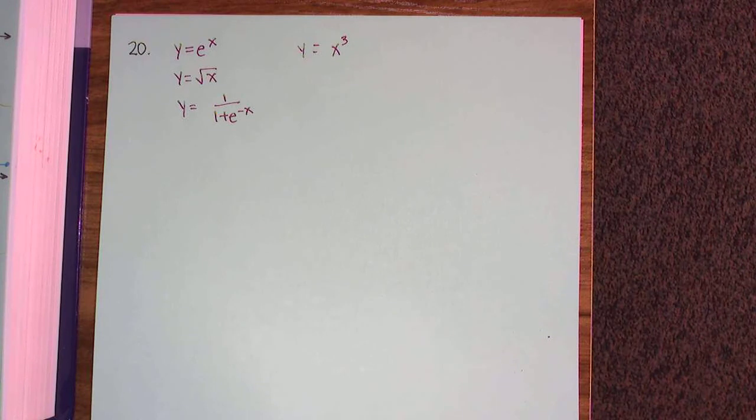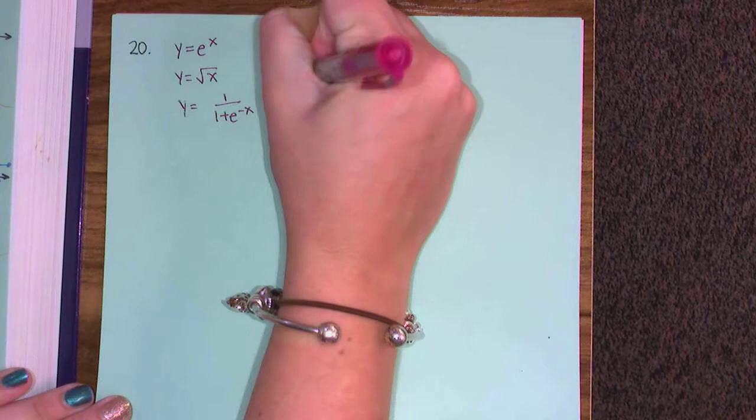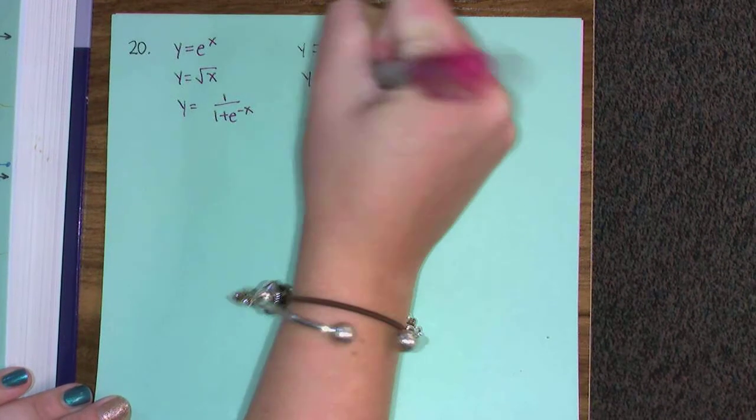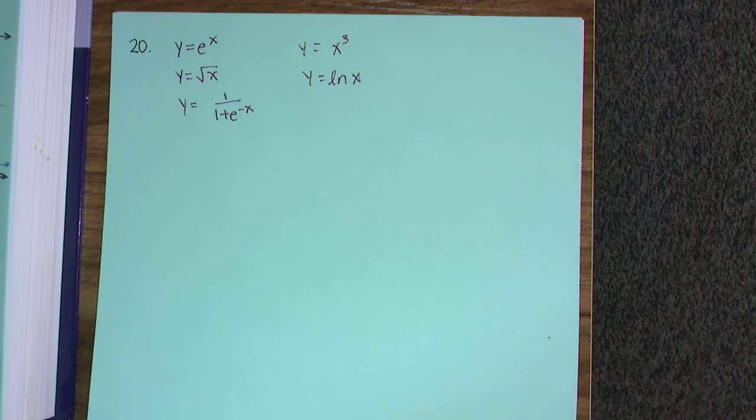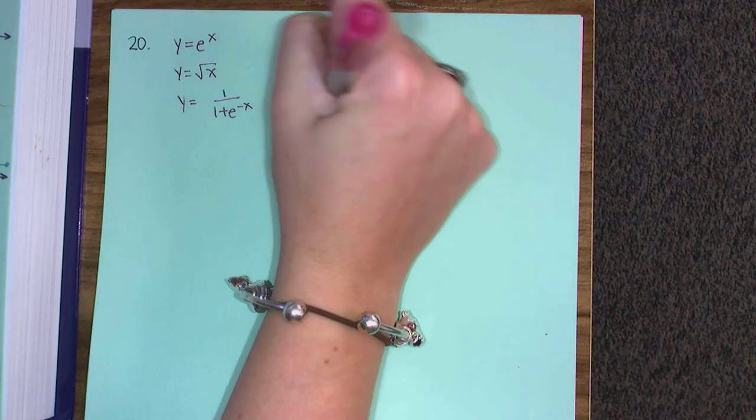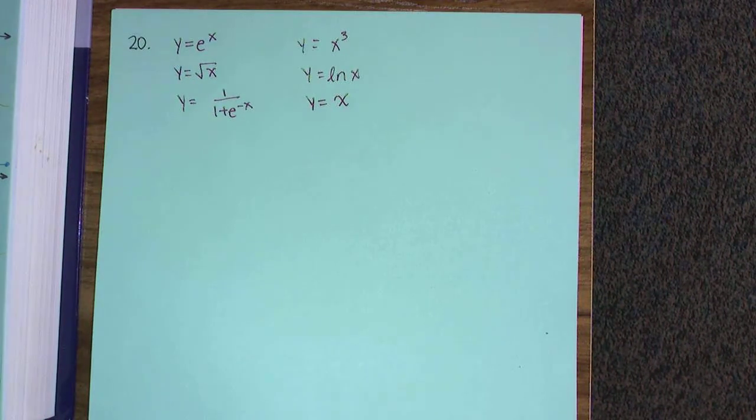It's already up there. What? Natural log. There's one more. That at some point is decreasing. Yes, the identity function. Okay, so those are the ones that are increasing on their entire domain.